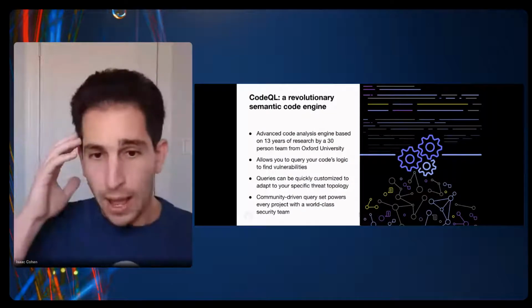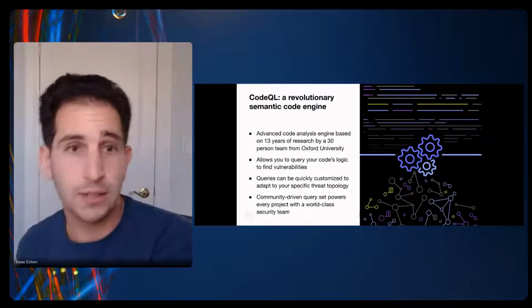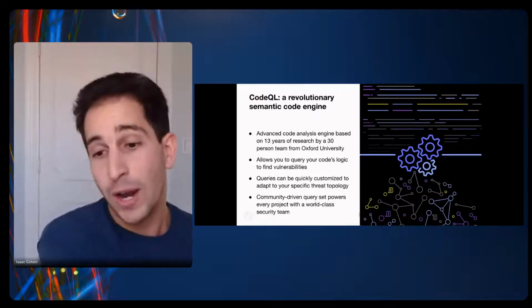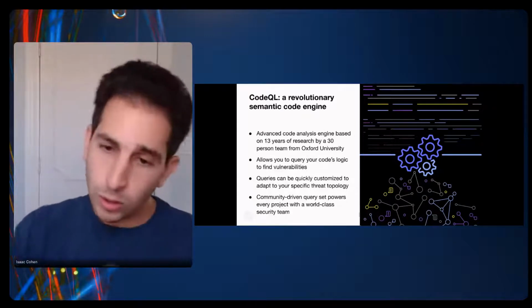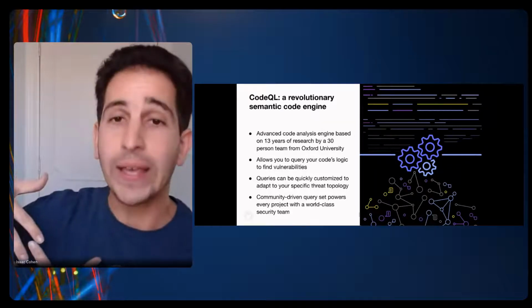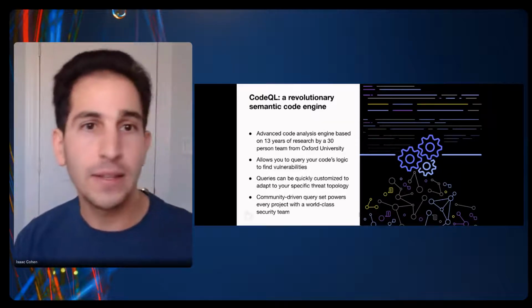So for those who have tried out GitHub Advanced Security or have public open source projects, have tried out code scanning, you may hear this term CodeQL. CodeQL is the engine behind GitHub code scanning that actually runs the nitty-gritties, right?